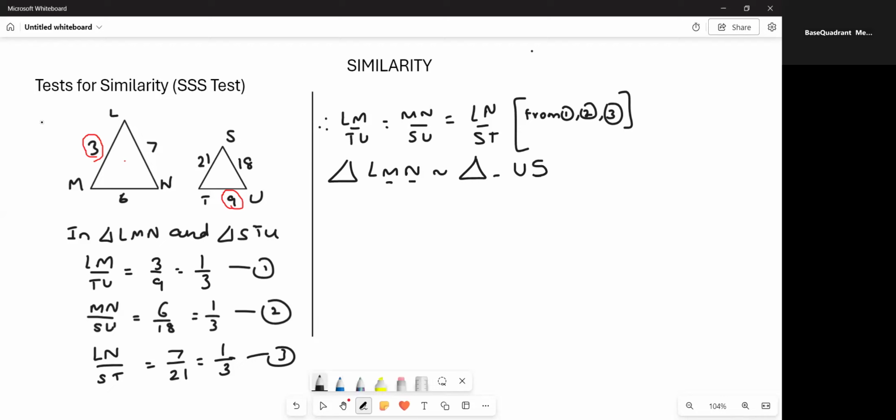Got it? Also, you can take it like this. Since we already got that M corresponds with U, we can now say that L corresponds with T. Therefore, T will come first. So LMN is similar to TUS by SSS test of similarity.